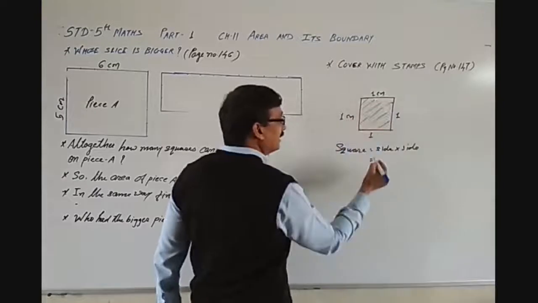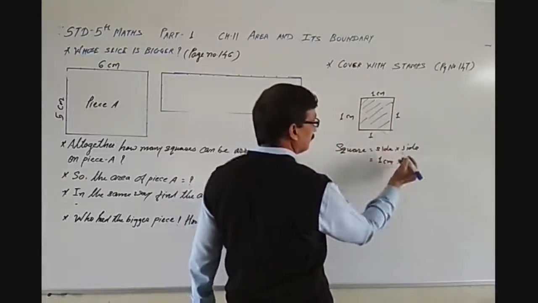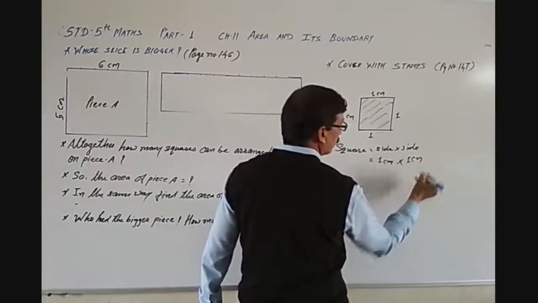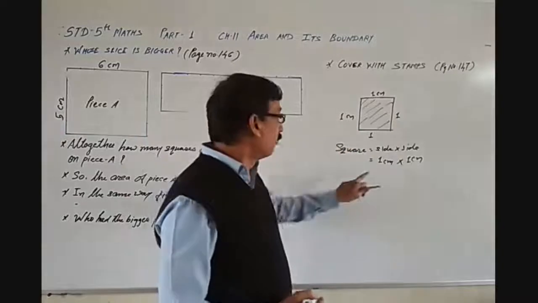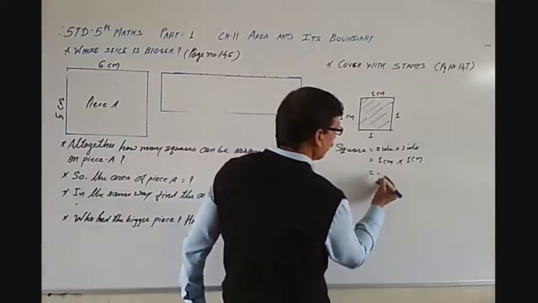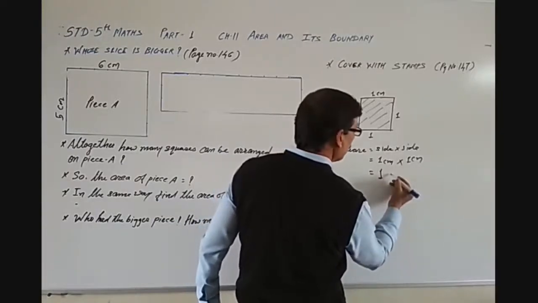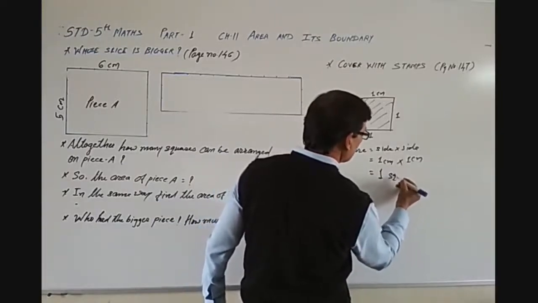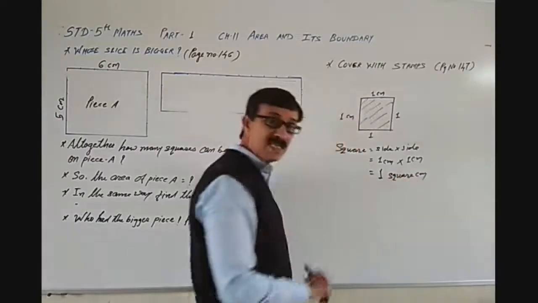One side is 1 centimeter multiplied by this side 1 centimeter, or we can say length and breadth. 1 centimeter multiplied by 1 centimeter is 1 square centimeter. cm means centimeter.